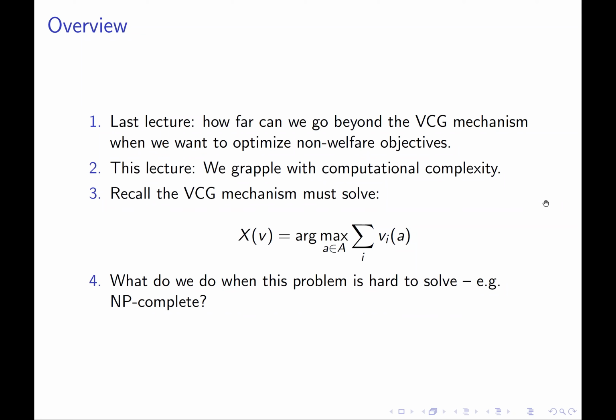Very quickly, this problem of social welfare maximization can become incredibly complicated and infeasible to solve exactly because of computational constraints.